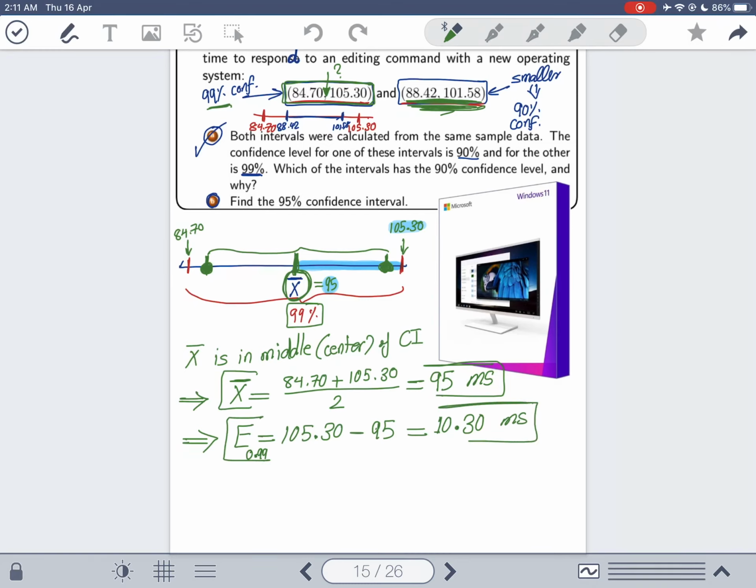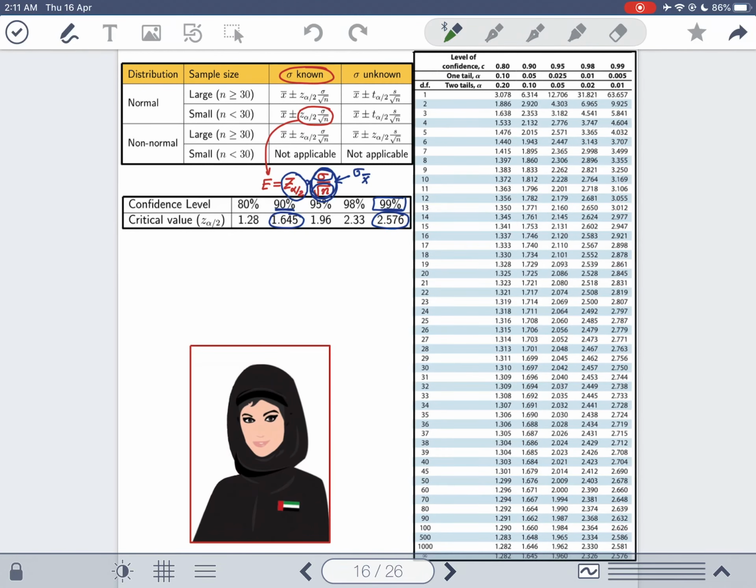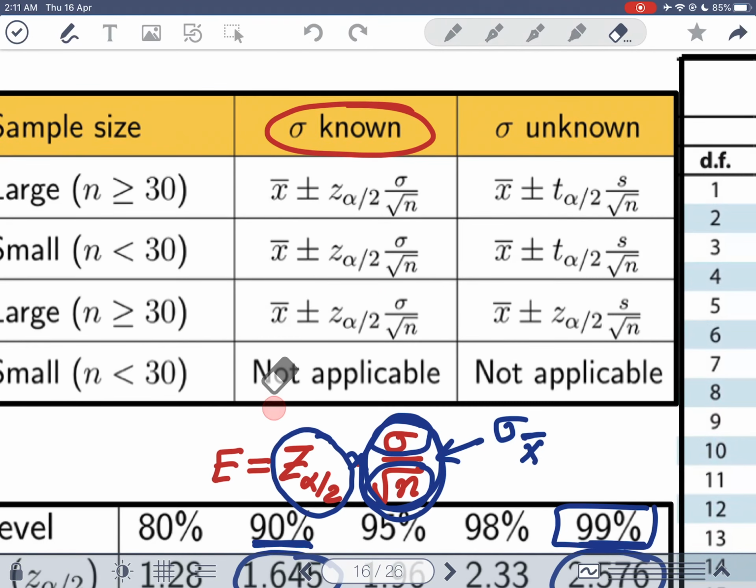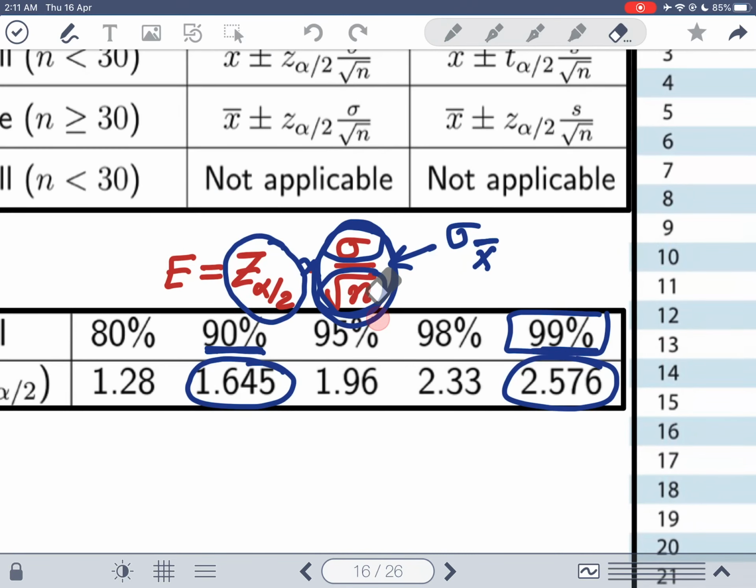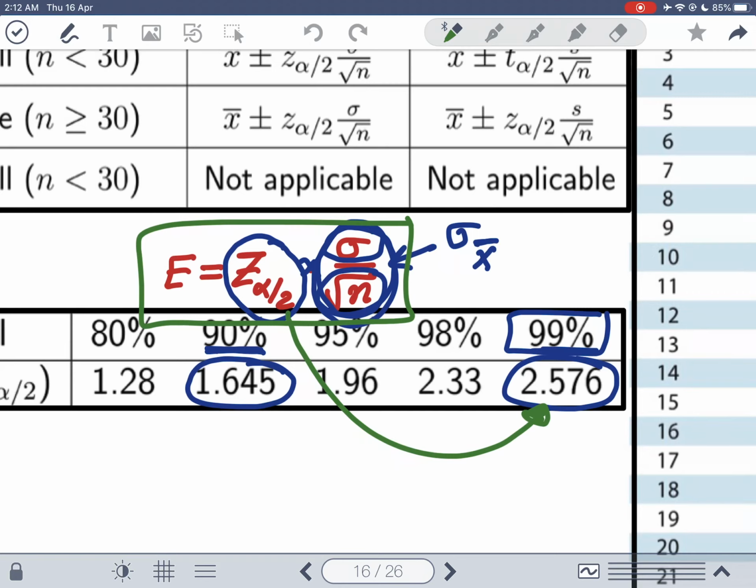Now, from the margin of error, what can we get? Our margin of error for 99% confidence, we know how it's computed. If you want to see the formula, it's here. So the margin of error is Z sub alpha over 2 for 99% confidence, times sigma over radical n, which we can denote by sigma x bar.